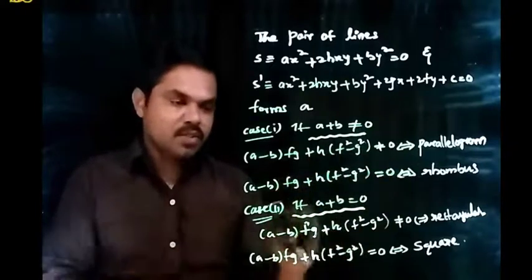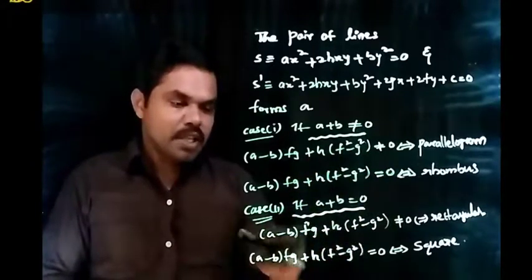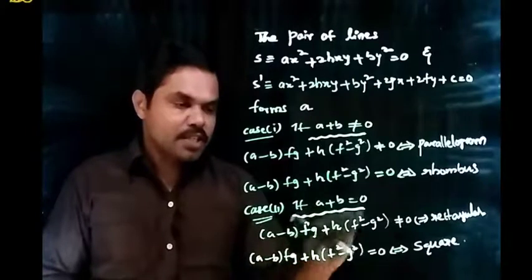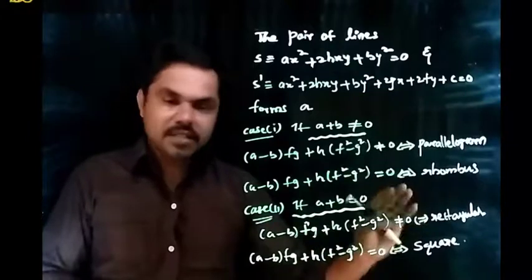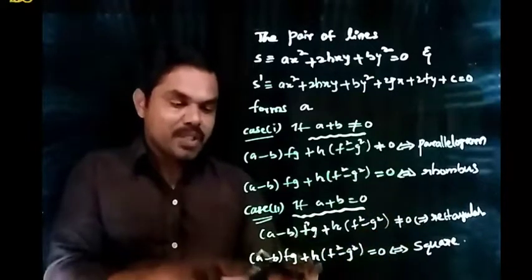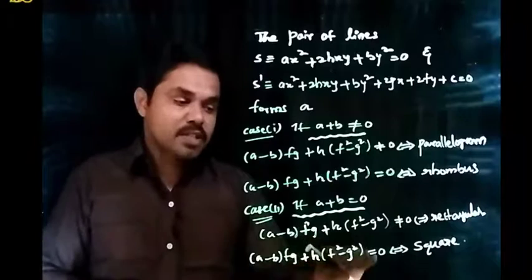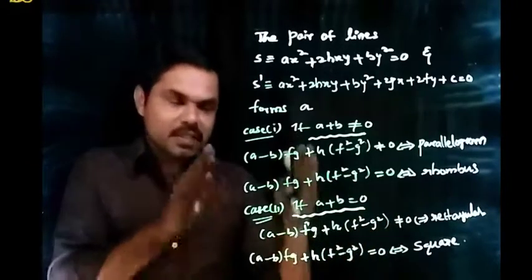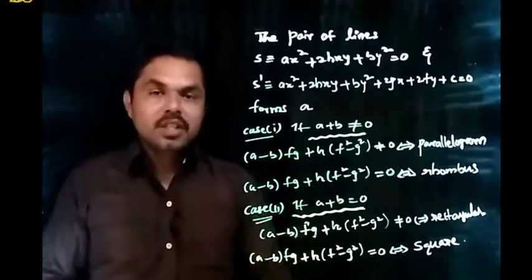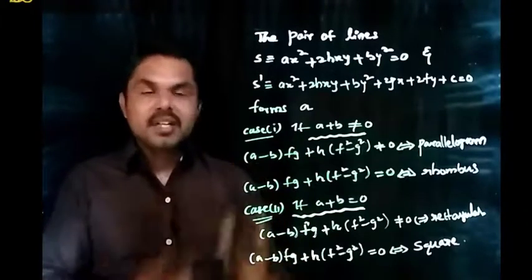Now come to case 2. If a plus b equal to 0 and a minus b into fg plus h into f square minus g square is not equal to 0, that represents a rectangle. If it is equal to 0, it is a square. If you remember these 4 points, definitely you will be able to answer these kinds of questions.